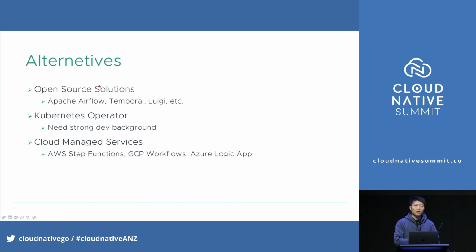But there are 2 differences between those open source solutions and Argo. One is, for those open source projects, you have to define the workflow using code. You have to actually write in Python or Golang to define your workflow, right? The other thing is Argo Events and Argo Workflows are actually created for Kubernetes.